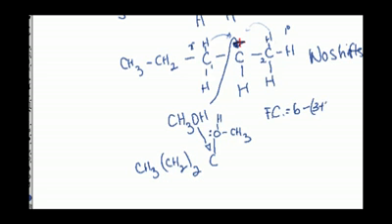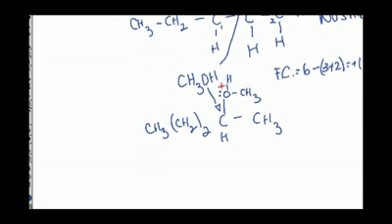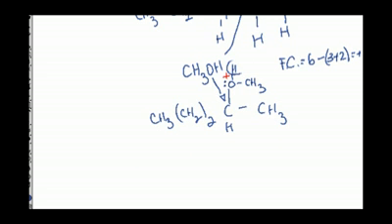3 bonds plus 2 lone pair electrons gives me a +1 charge. So there's going to be a plus charge on this. And that's not a stable compound because oxygen likes negative charges. It's electronegative. So what we end up having to do is the alcohol then comes and picks up this extra hydrogen right here, and you end up with these 2 final products.